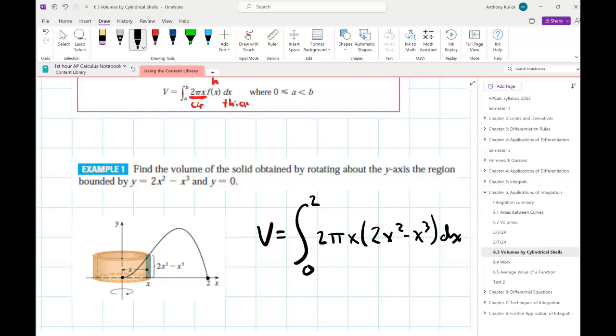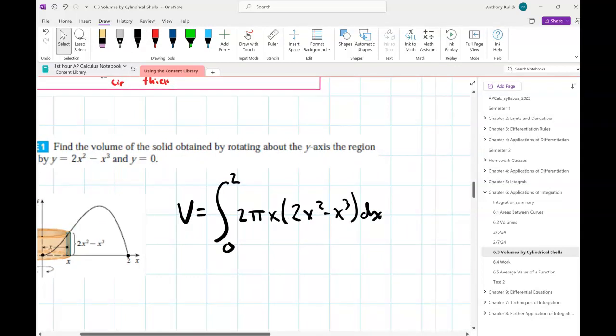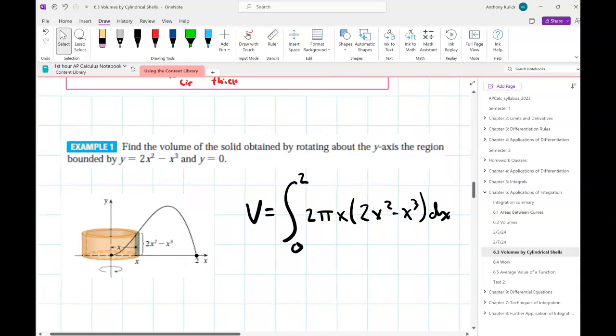Look at how wonderful that is to set up. It was almost nothing to do. I didn't have to visualize this too bad at all, right? So what are we going to do to integrate this? Yeah. We just get that two from the graph. So basically what I did, Elaine, is I looked at the cylindrical shells that I'd be making, and I asked, what's the widest cylinder I would want?